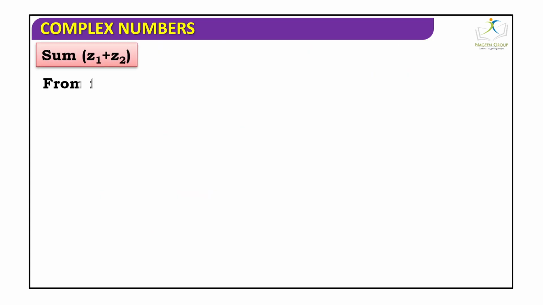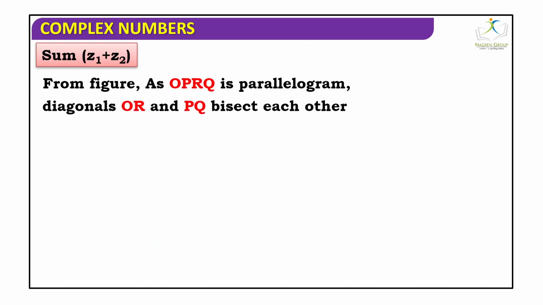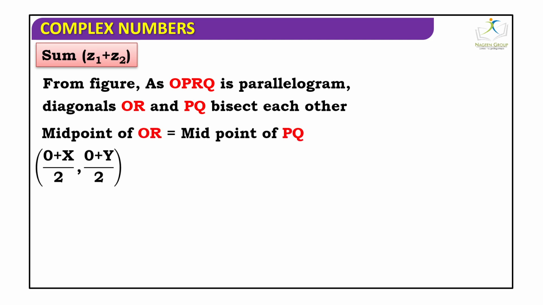Now sum of Z1 plus Z2: from the figure, it is a parallelogram. Diagonals OR and PQ bisect each other. So the midpoint of OR equals the midpoint of PQ, right? We have a formula: if we have (x1, y1) and (x2, y2), the midpoint formula is (x1 plus x2) by 2 and (y1 plus y2) by 2.